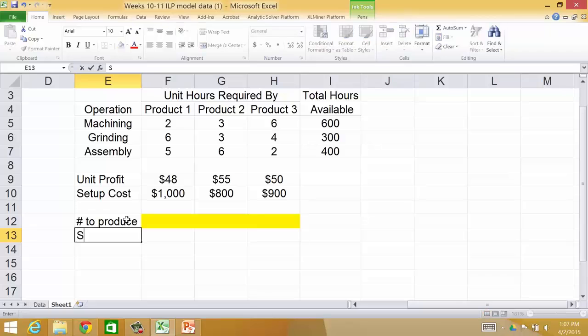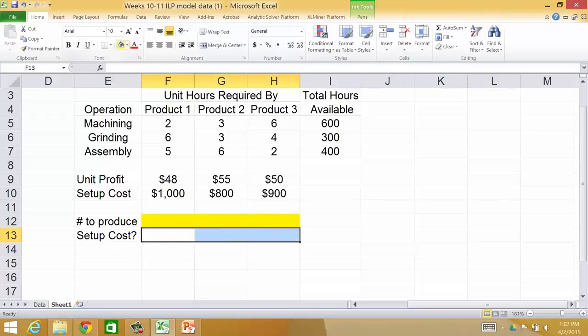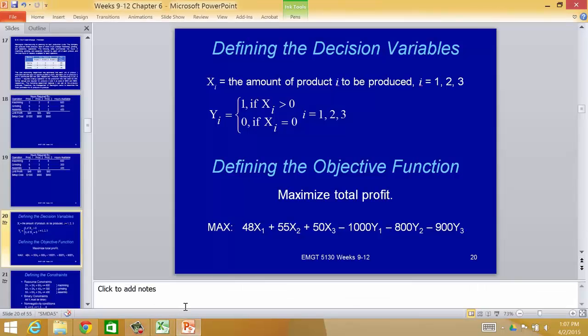So we'll say setup cost, will it happen or not? And we know that if it's 1, yes, otherwise 0. Okay, so xi's and yi's. With this we reserve the space for our 6 decision variables.